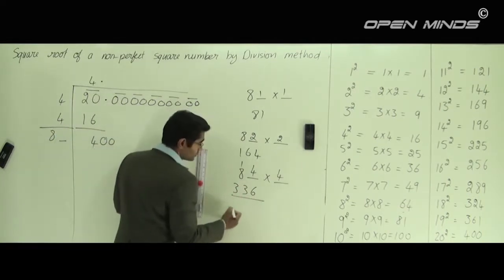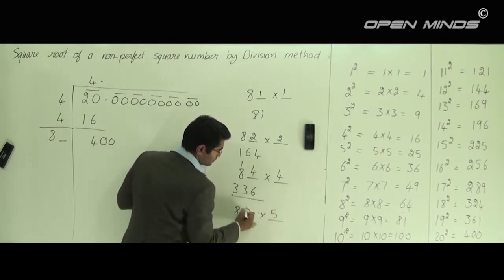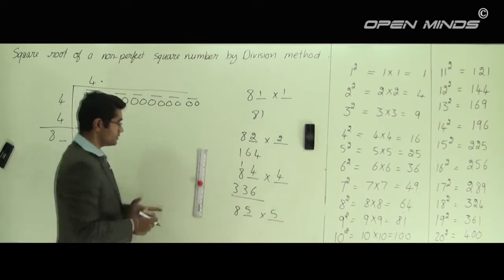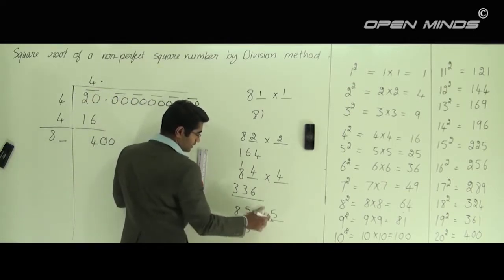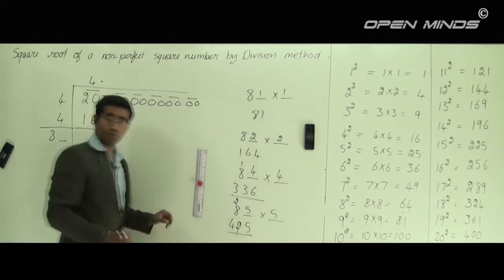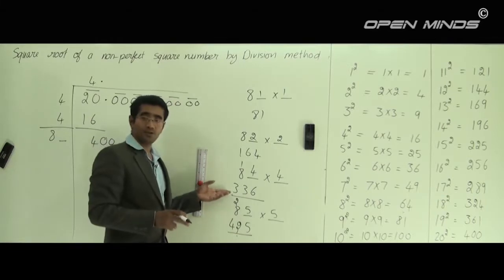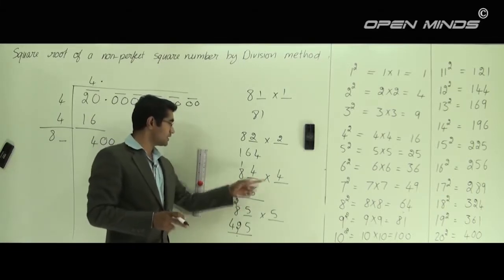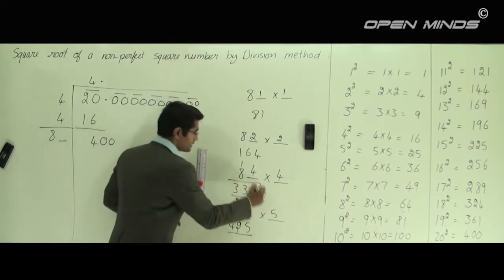Now can I try with 8 and, let's say, 5 here? Let us try. 5 into 5 is 25, 5 and carry 2, and 5 into 8 is 40 and 2 is 42, so that's 425, bigger than 400. Not happening. I want something less than that. Well, this works: 4 times 4 is 16, that's 32, and 1 is 33, so 336 works. This is what I'm looking for.